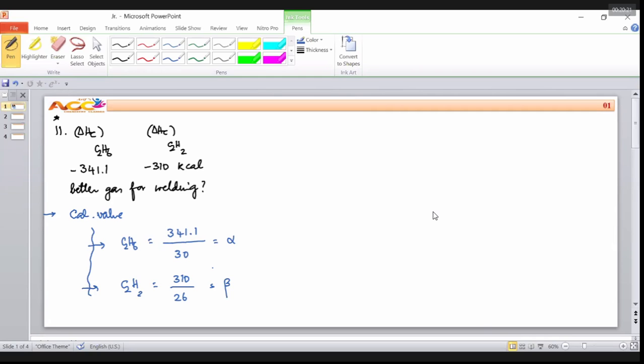That means enthalpy of combustion of a fuel is not a criterion for declaring it a better fuel. We have to find out the amount of energy released per unit mass of the fuel. Higher the value per unit mass, more is the efficiency. Go ahead.